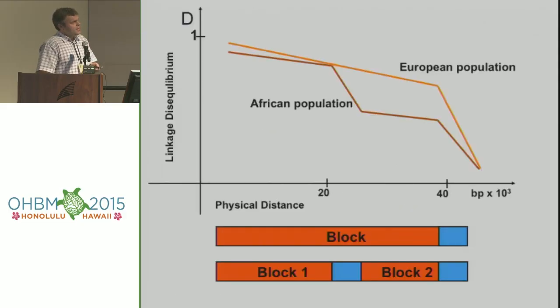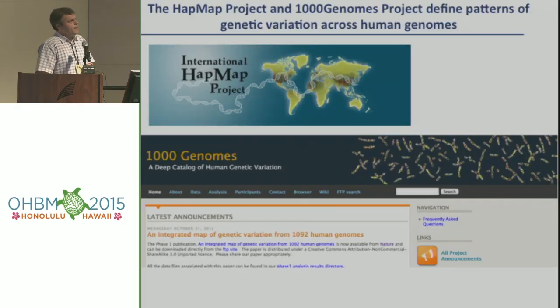Something that is important to know is that these blocks can differ between populations. If you have a block in the European population, for example, there can be 2 blocks in the same area in, let's say, African populations. You have to know that when you do your association study and when you predefine your haplotype tagging SNPs.